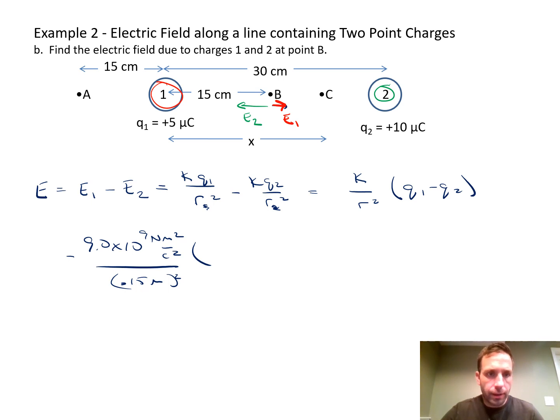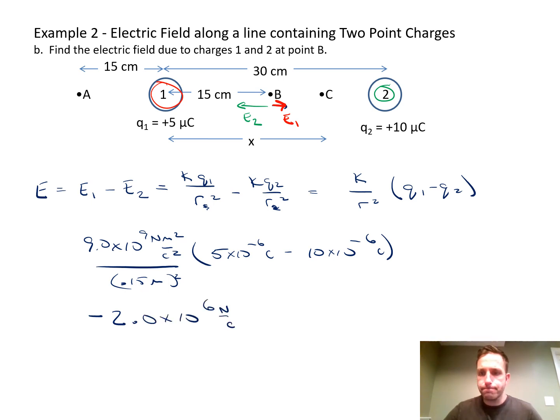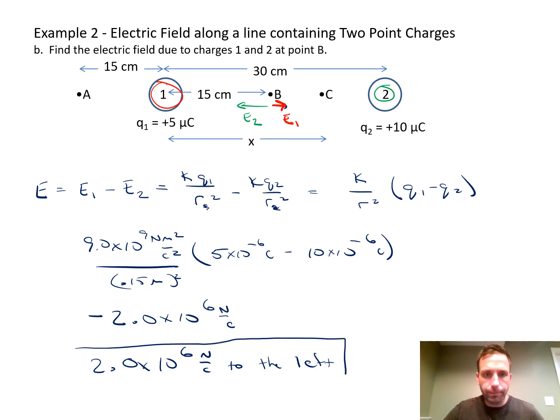Let me erase that. And so now Q1 is 5 times 10 to the negative 6 coulombs, and Q2 is 10 times 10 to the negative 6 coulombs. Plugging that into my calculator, I get negative 2.0 times 10 to the 6 newtons per coulomb. And again, that negative meant to the left, so let me write that out. And that is my final answer.